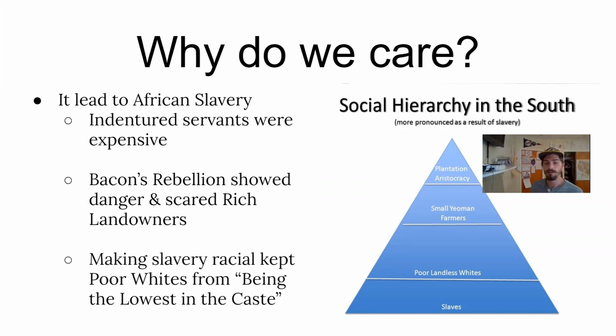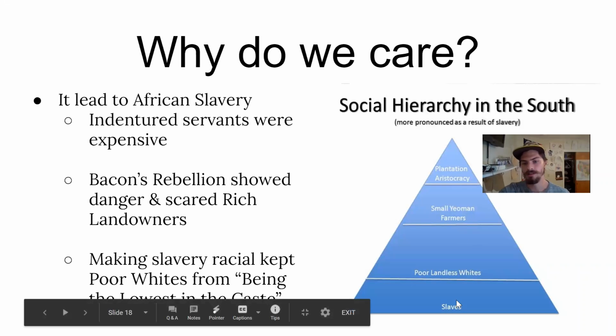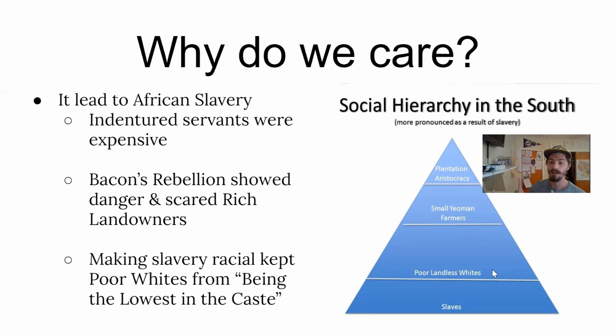So when you have African slavery and you made slavery racial and you included racism into this conversation, it stopped poor whites from being, quote, the lowest in the caste. So you basically add another element to this little pyramid so that poor whites, they still have land, they're still struggling, but at least they can say to themselves, well, we're at least not the lowest. And then they won't revolt and attack the rich landowners.